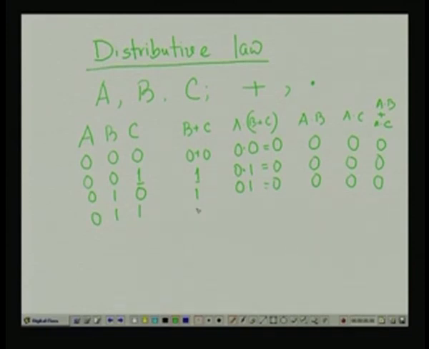Now, B plus C is again 1, but A dot B plus C is again 0. Now, 1, 0, 0. Again B plus C is 0, A dot B plus C equal to 0, A dot B, A dot C, then this is 0.